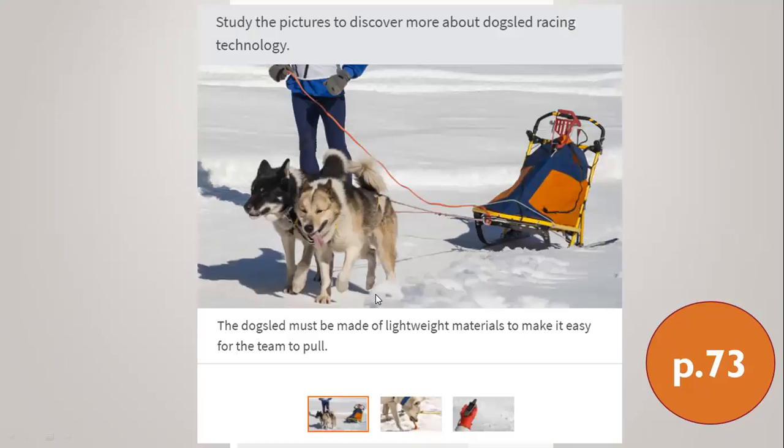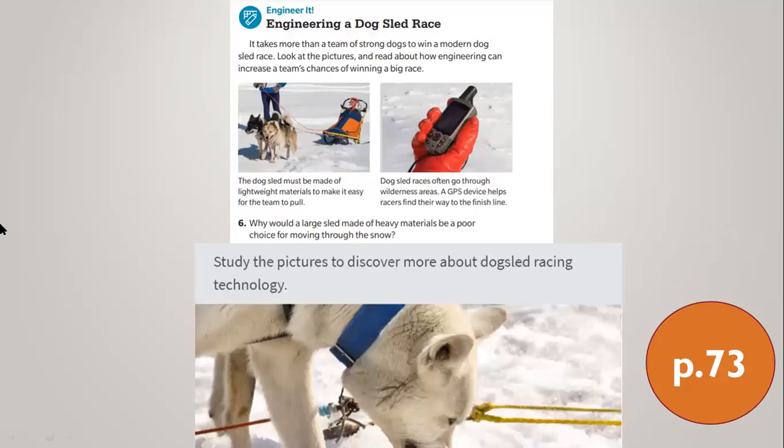They said that this sled must be made of lightweight material, like maybe wood, something that will not sink in snow, something that's light, not heavy. So it will be easy for dogs to pull it, and it will also not sink in the snow.